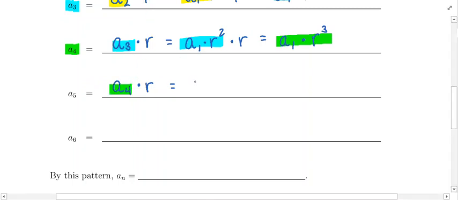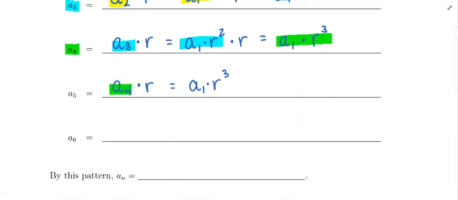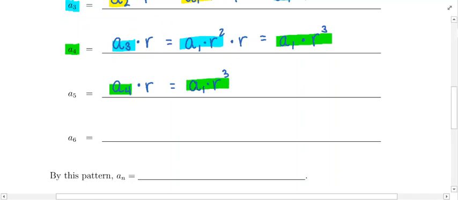The green pieces are equivalent. Then we've got to take the A4 and multiply by another instance of R. So A5 just turns out to be A1 times R cubed times R. That's just R to the fourth.